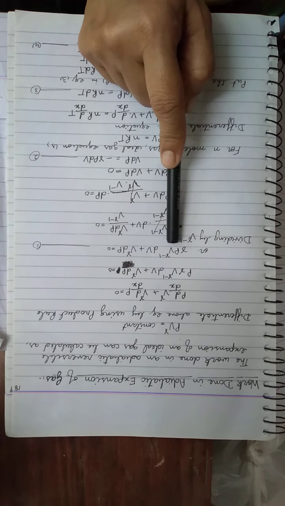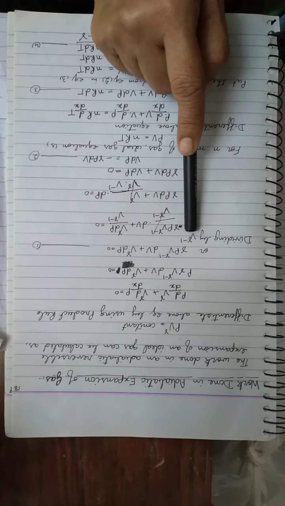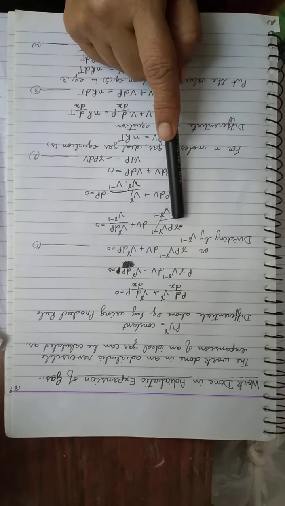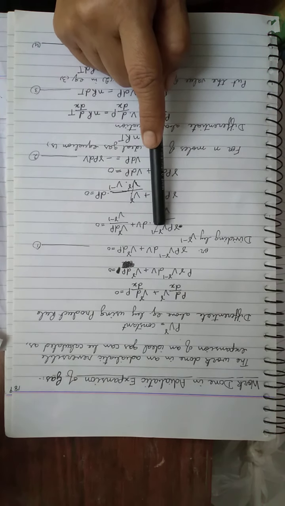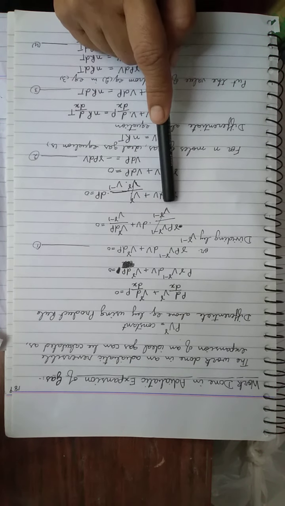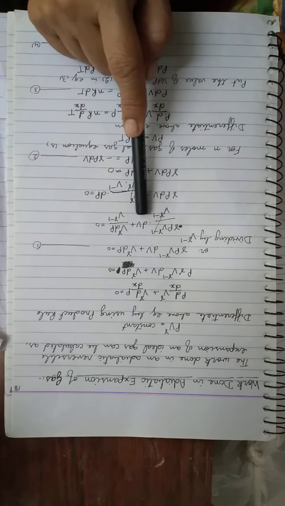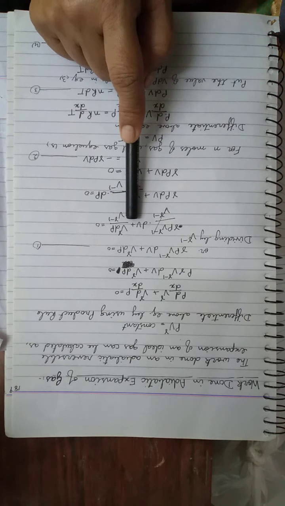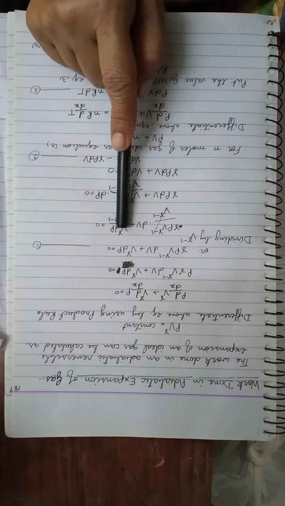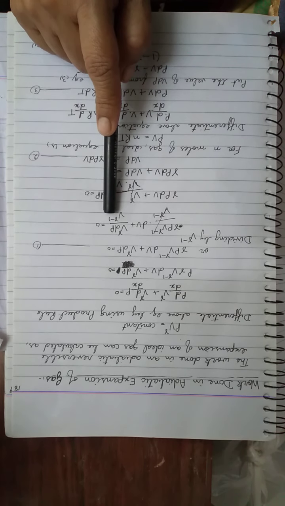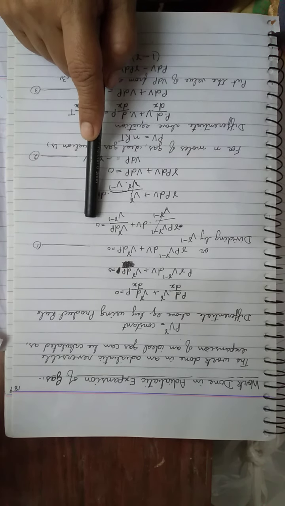Divide the equation by V^(γ-1). So γ P V^(γ-1) divided by V^(γ-1) into dV, plus V^γ dP divided by V^(γ-1), is equal to 0.